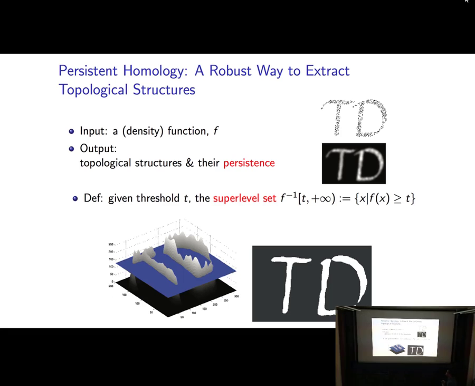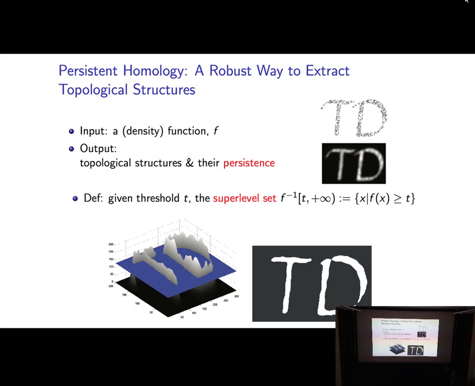Okay, so what we do is we take a topological perspective, and of course we do persistent homology. So following the ritual, I'll spend 2 slides reviewing it. But I have a different focus in the sense that, to me, most of the functions I deal with are either image functions or density functions, whereas when you talk about Rips complex, Čech complex, it is more about the distance function in high dimensional space, right?